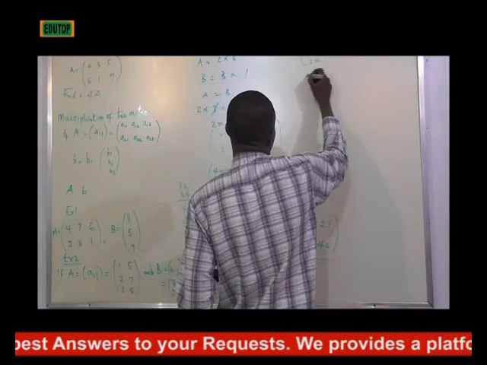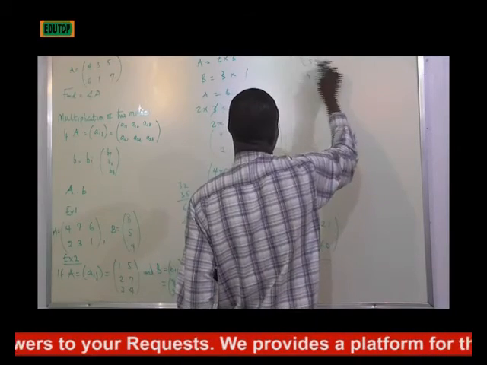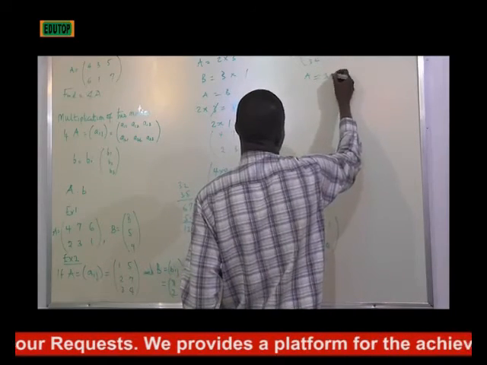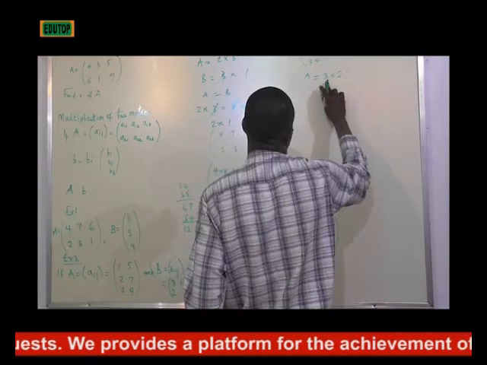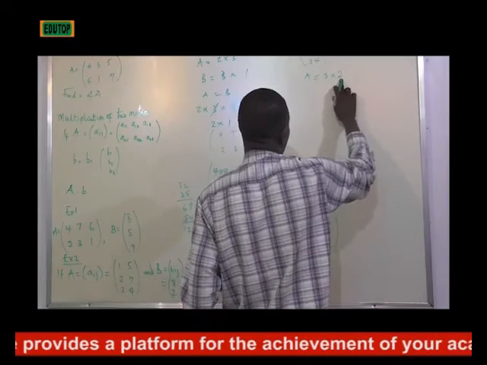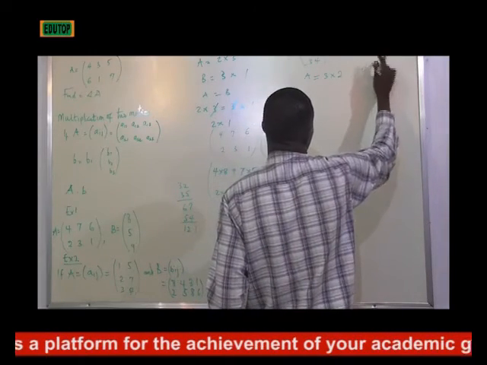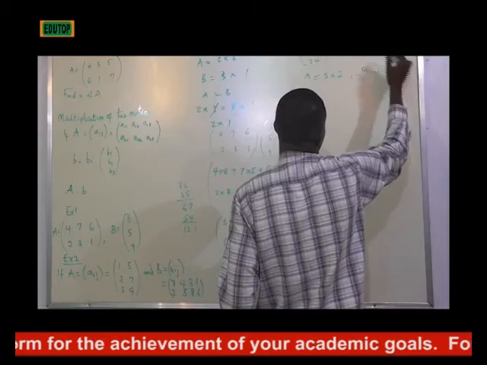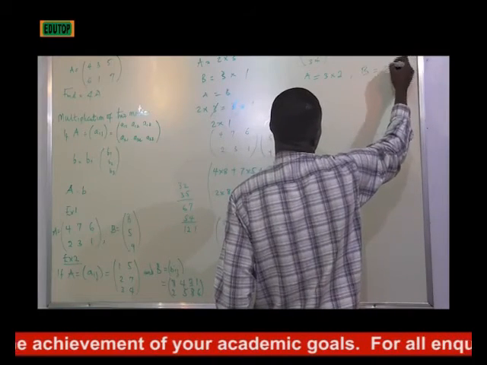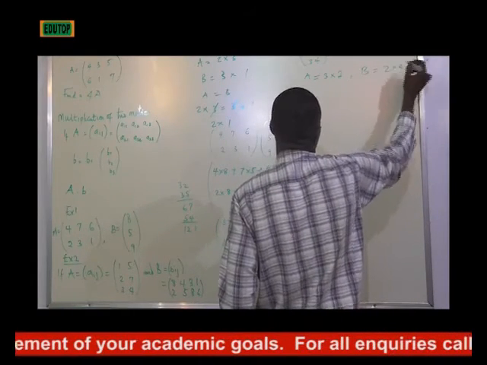Then we consider A: A is a 3 by 2 matrix, 3 rows, 2 columns. Then our B is 2 rows, 4 columns.